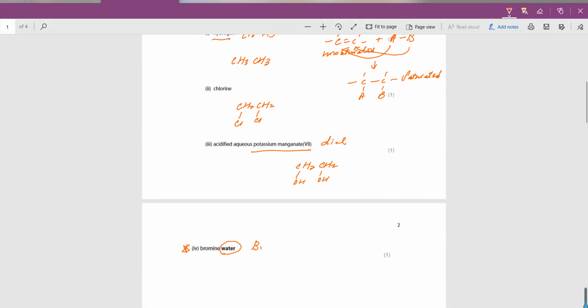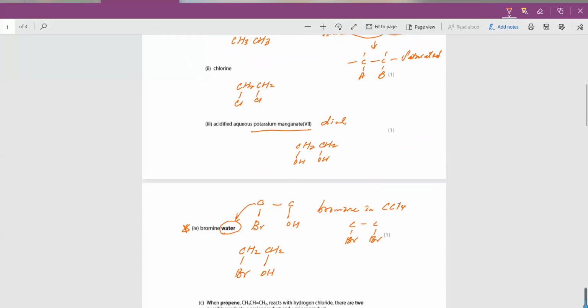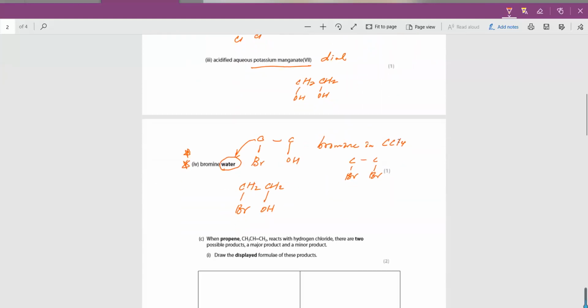So one carbon will have Br, the other one will have OH, if it is water. Normally, if it is bromine in organic solvent, both of them will be bromine. So this one will be Br and the other one is OH. This is quite special, remember.